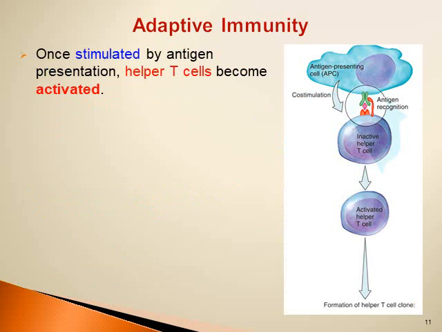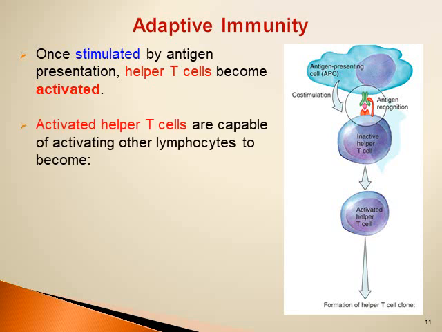Once stimulated, here we can see that the antigen-presenting cell is presenting this antigen to the inactive helper T cells. Once the antigen is presented, the helper T cells become active.